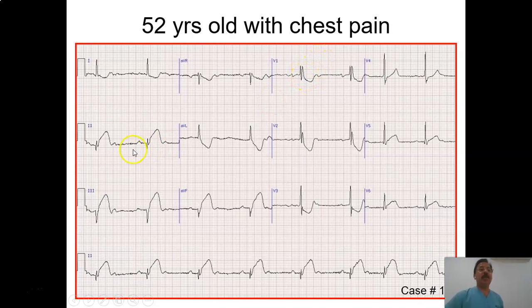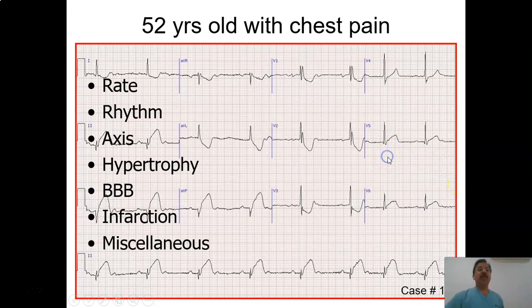ST segment elevation: yes, in leads 2, 3 and AVF there is ST segment elevation, and in 1 and AVL and V1, V2, V3 there is ST segment depression. So inferior wall with reciprocal changes. But if we look at leads V1 and V2 and take it as R, there is a possibility that this ST segment depression may be ST segment elevation, as far as posterior MI is concerned.